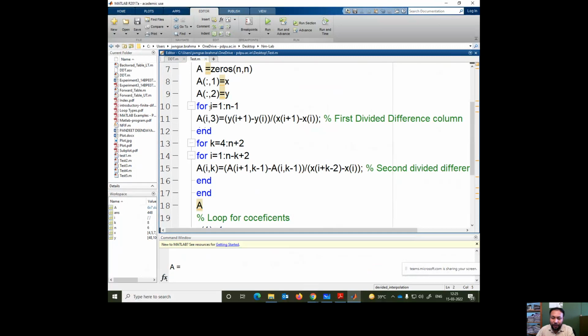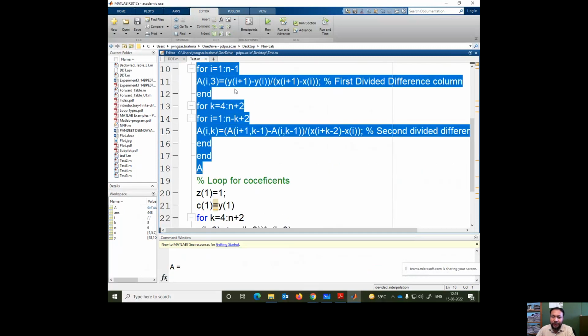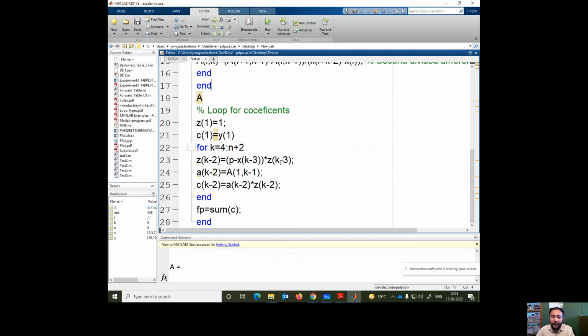Okay, and from here up to this A, I don't want to discuss this one because we have already developed it in the last session. Now here, looping for the coefficients, right? This is for the first term of Newton divided difference interpolation formula.